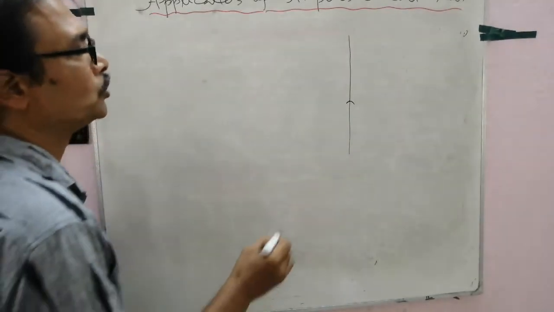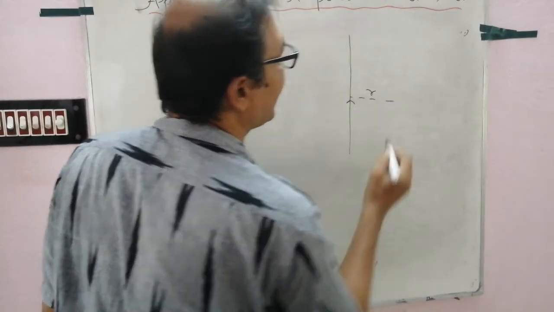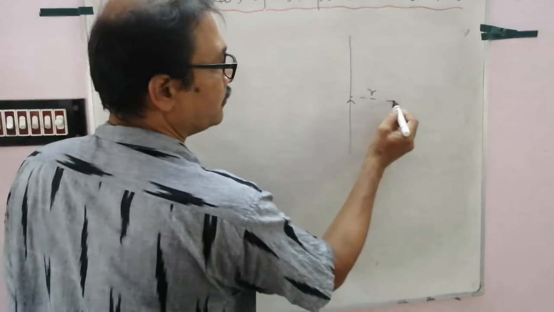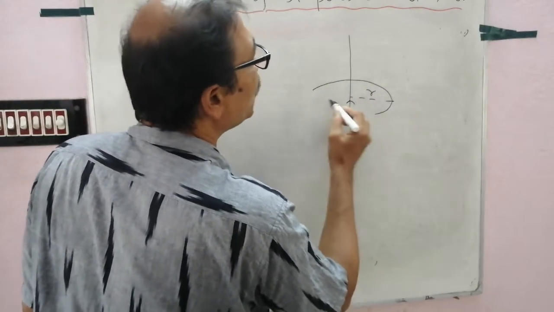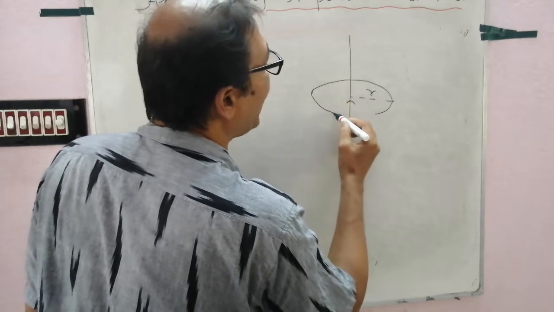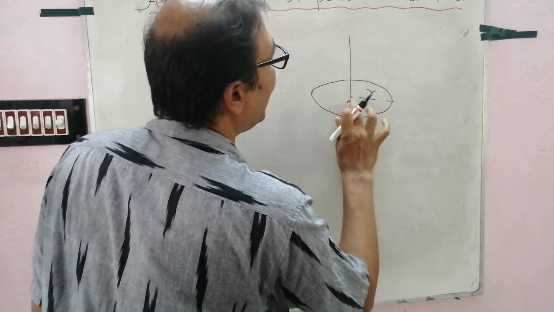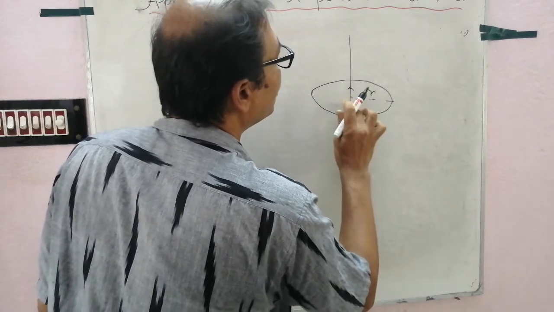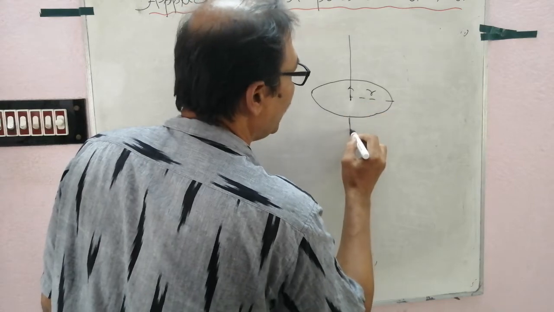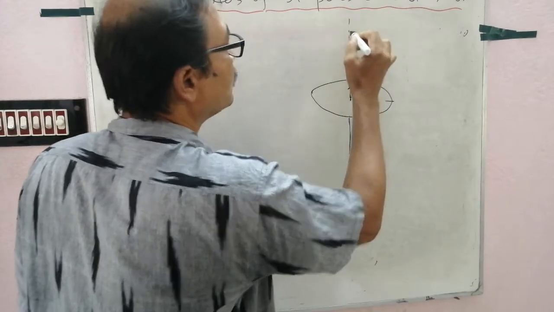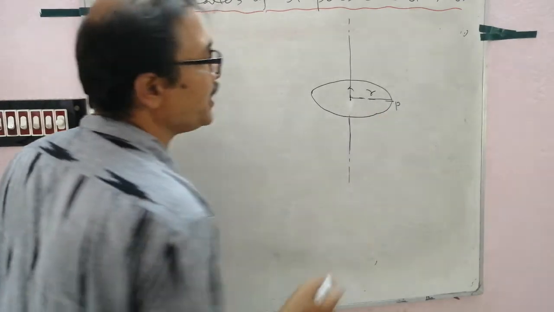Current I. We have to find out the magnetic field at a distance r at P. So we have to draw an Amperean loop, a closed path. Follow. This is the closed path. This is a current carrying conductor, a long wire. We have to find out at a distance r, this is point P.